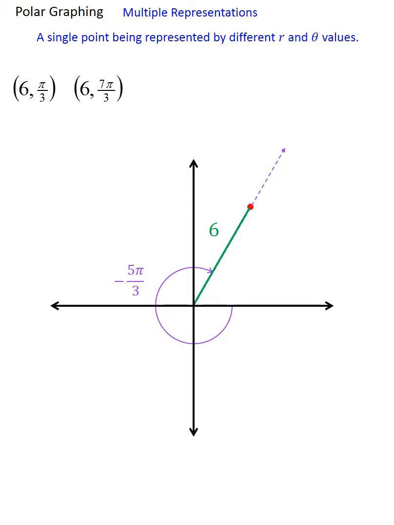And again, being 6 spaces away from the origin, I could refer to this point as (6, negative 5 pi over 3). Now that I've referred to this point in 3 ways, one quickly realizes that there's no limit to how many different ways I could name this point using 6 as my r value, or my distance from the origin.